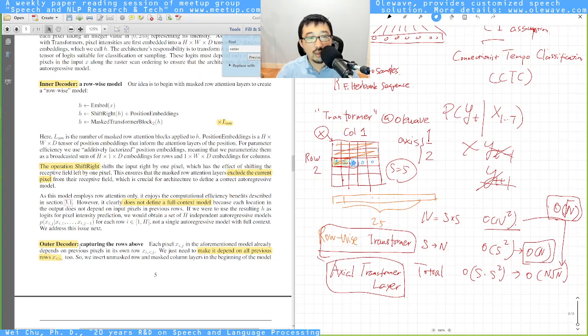So this is why they propose the extra part, which is called the auto decoder, which aims at capturing the rows above. You want to make sure that the current pixel depends not only on the pixels in the columns before this column in this row, but also on all the pixels before this row, or the previous rows.